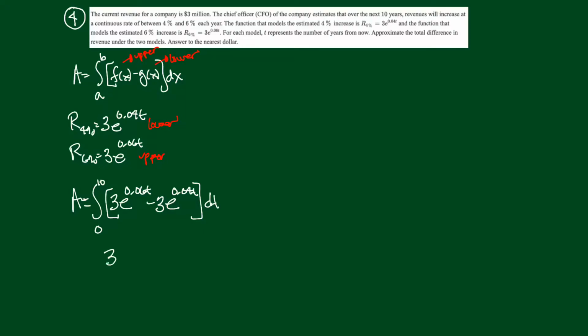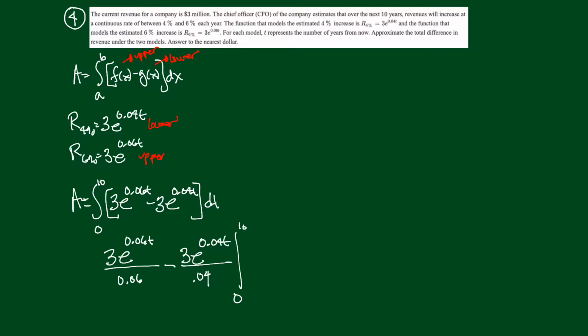Let's do this. Now this is exponential, and we're integrating, so it's the original function divided by that multiplier. So it's 3 e to the 0.06t over 0.06, minus 3 e to the 0.04t over 0.04, between 0 and 10.